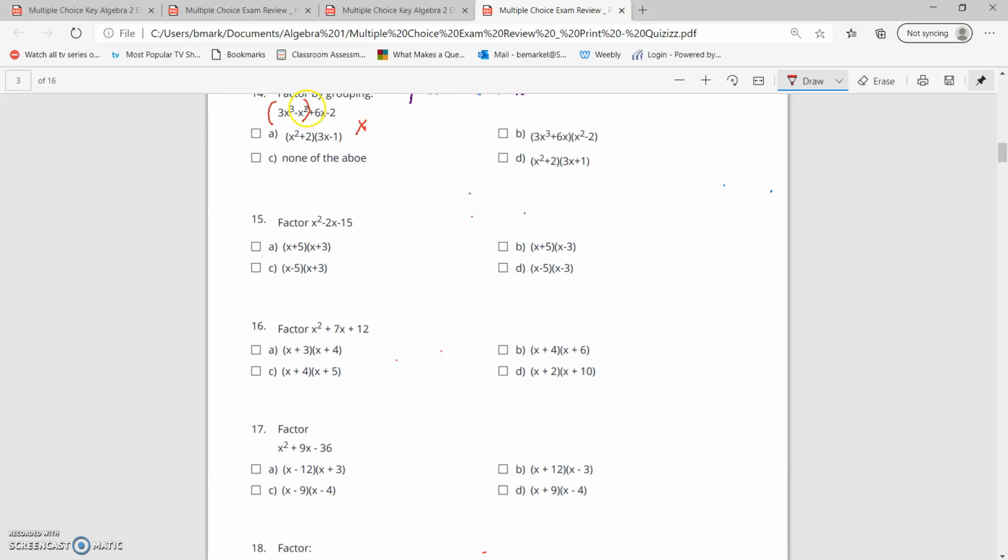And remember, I'm going to take the smaller exponent, so I'm going to say squared. If I have x squared and wanted to get to 3x to the third, what do I still need? Well, I need a 3. And to go from x squared to x to the third, I need one more x. And then to go from x squared to negative x squared, I need a negative 1.